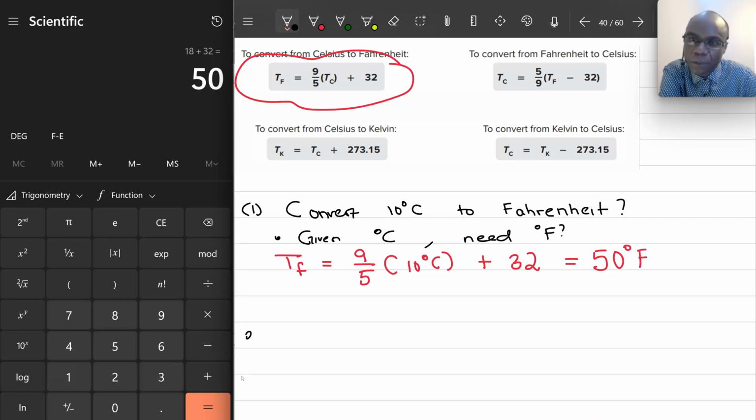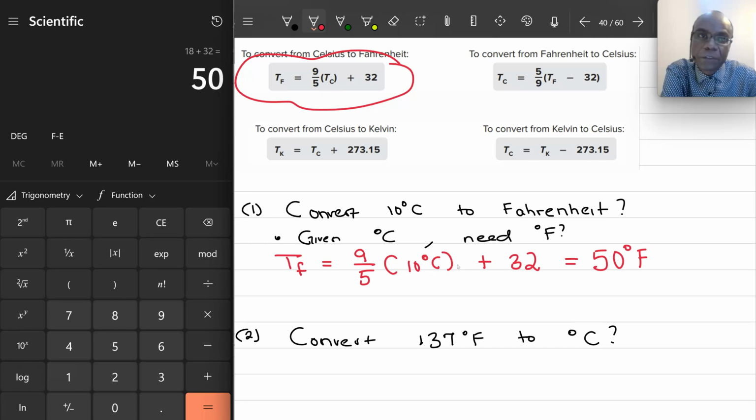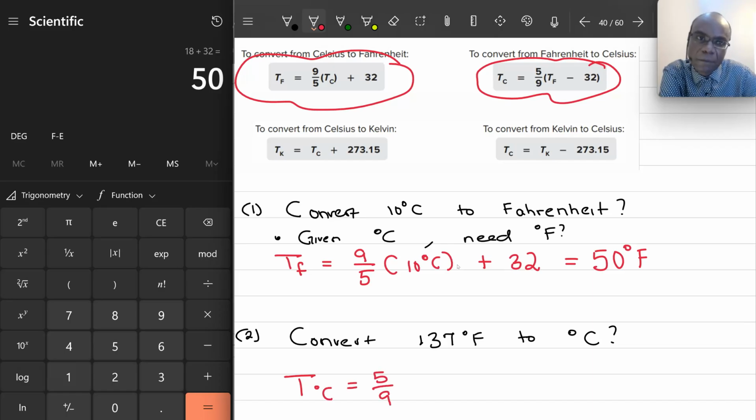Okay, question 2. I would like us to convert 137 degrees Fahrenheit to degrees Celsius. So in that case, I'm going to use this formula right here. So T degrees Celsius is 5/9 of temperature in Fahrenheit minus 32.